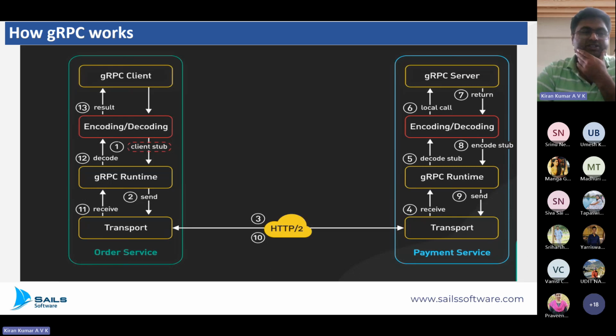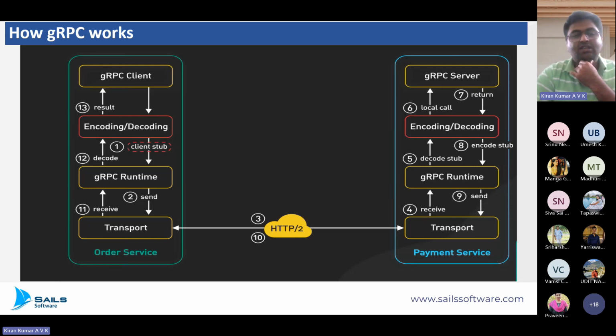When a gRPC client sends a request, it encodes it and creates a client stub using protocol buffers. With that, the gRPC runtime sends it to the internal transport layer, which sends the request using the HTTP2 protocol, which enables our application to send a stream of messages as well.